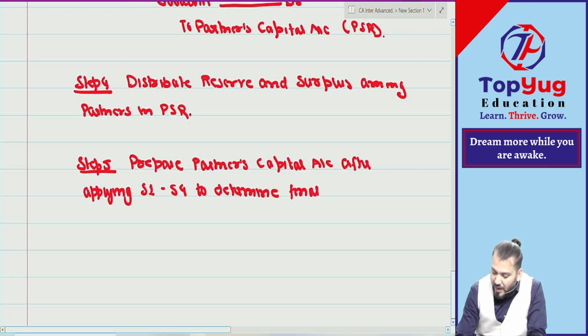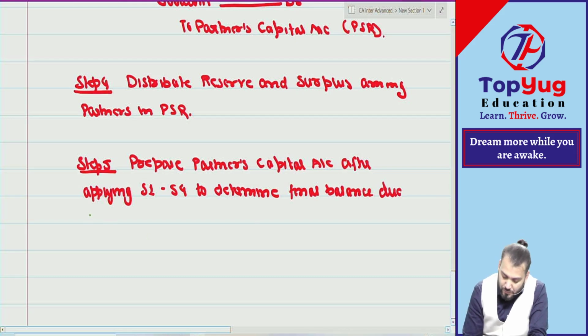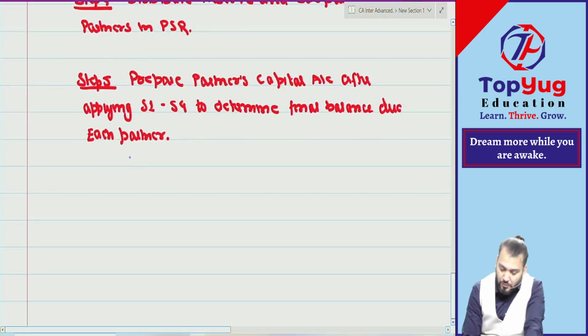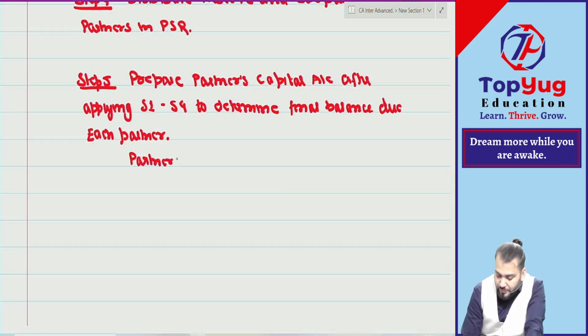To determine the final balance due to each partner. Correct. Just write down: partners' current account, if any.